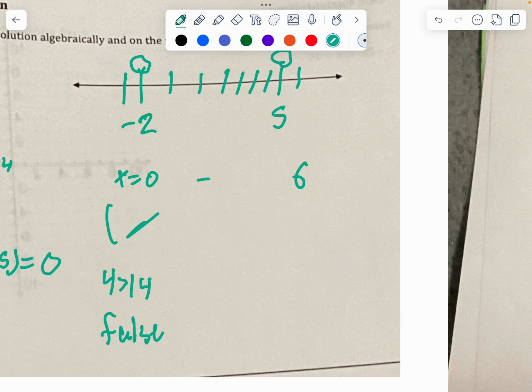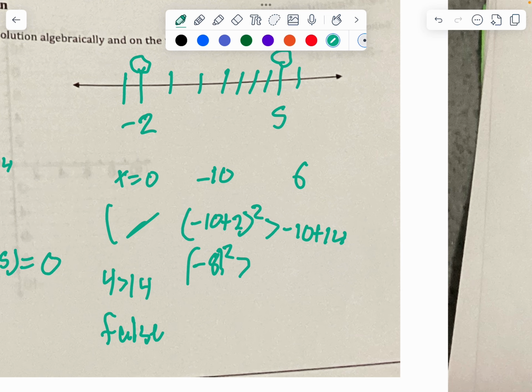We'll pick negative 10. Negative 10 plus 2 squared is greater than negative 10 plus 14. So we got negative 8 squared is greater than 4. So that's going to be 64 is greater than 4, which is true.